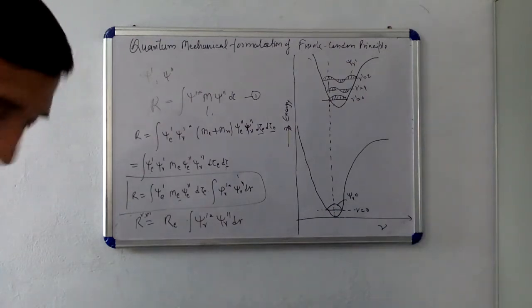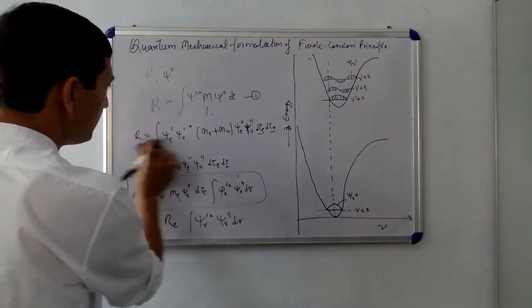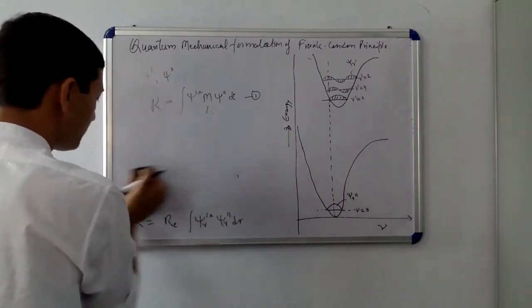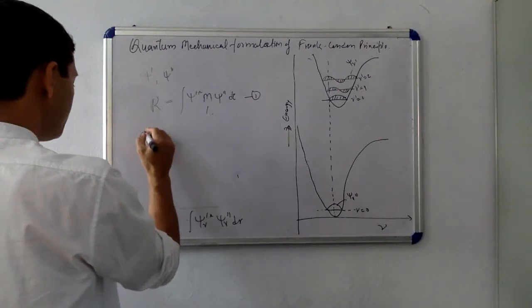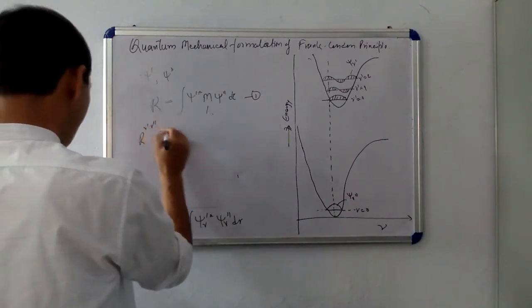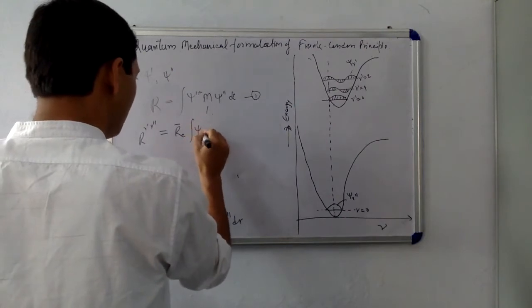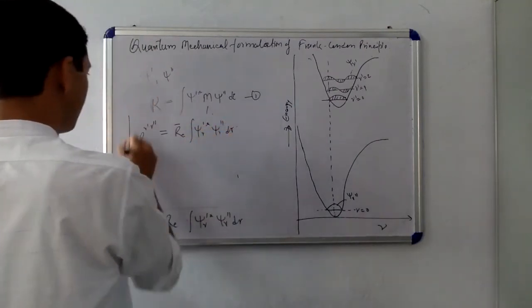Because it is varying with respect to this as well, what we can approximate in this wave mechanical aspect of the Franck-Condon principle is that we can write this moment, ν′ ν″, equal to Re average of ψ of ν′ star and ψ ν″ of dr.